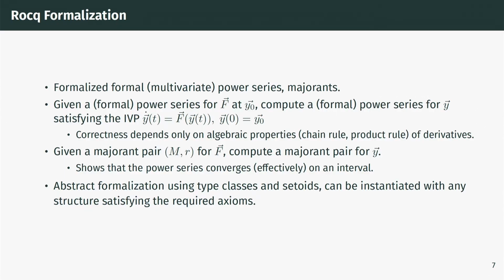And the second part is, we also want to show that, if the original series was converging, then the result will also be converging. Right? So if we are given a majorant pair for f, then we can compute a majorant pair for the solution y. And this will show that on a small interval, we have convergence of this power series.